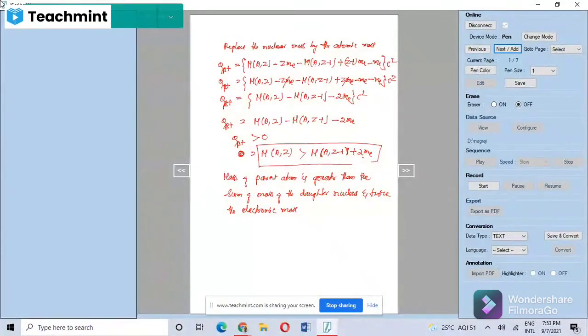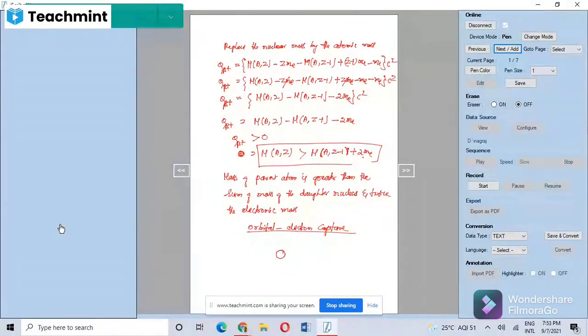Next we will move on to the very important and last topic, orbital electron capture. To study orbital electron capture, we need to understand the atomic structure.